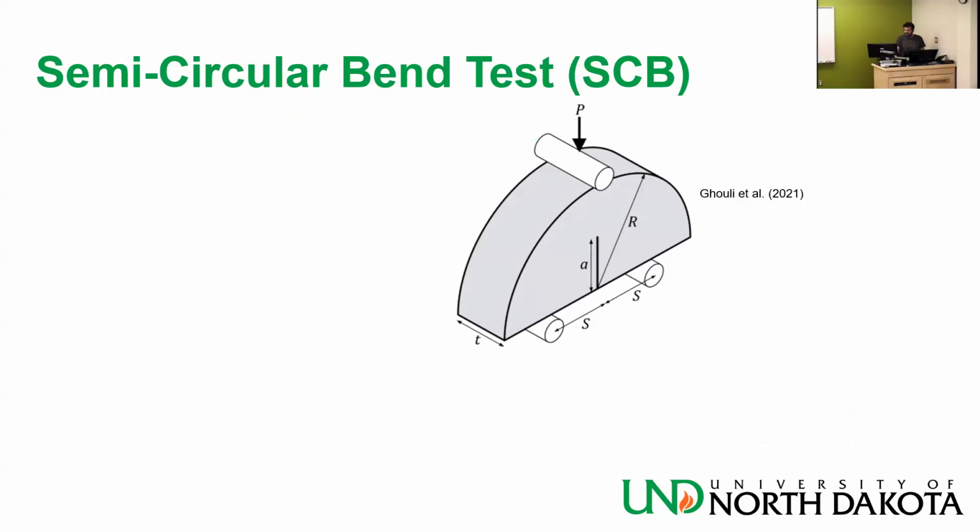In this case, we have something like a for the length of the notch. And then we make 3 points of contact for the semicircular bend sample. We put 2 rollers at the bottom at a specific distance between them. We make sure that the sample is of a certain thickness, and then we apply a stress load on top.